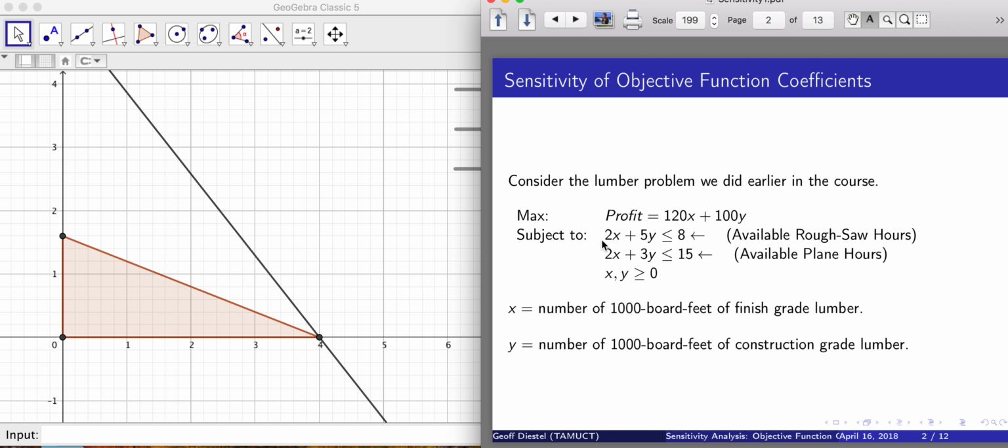So again, the equation that's describing that edge is 2x plus 5y equals 8. Solving for y, the slope is going to be y equals negative 2/5 x. And I don't care what the other stuff is. I just care about the slope. So the slope of the line being described here is negative 2/5.